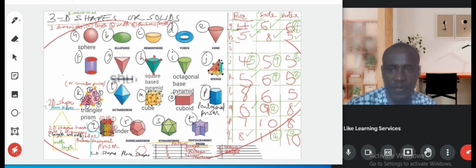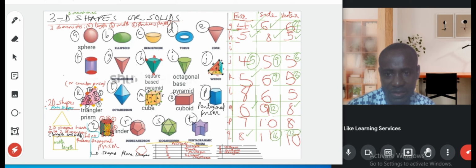So this is a summary of the three-dimensional shapes or 3D shapes of solids: the number of faces, the number of sides or edges, and the number of vertices or corners. Remember, the vertices are the corners.